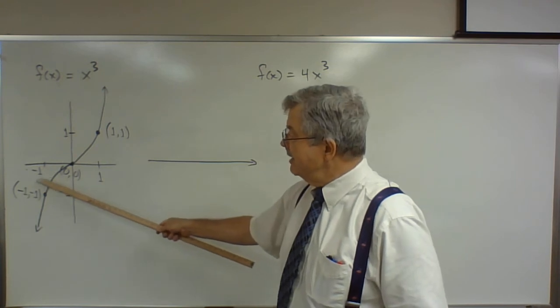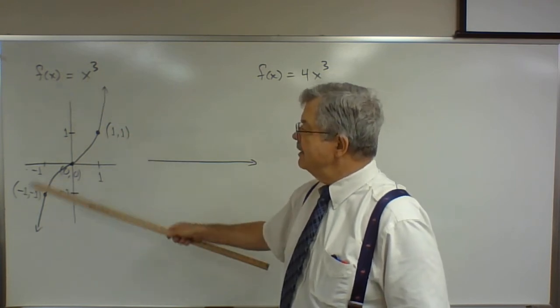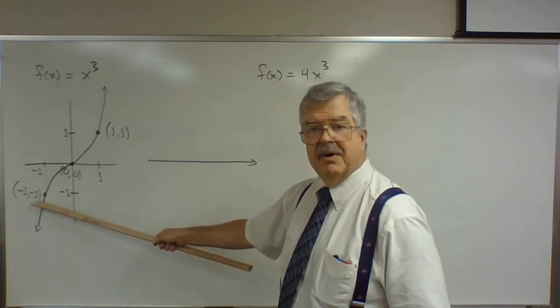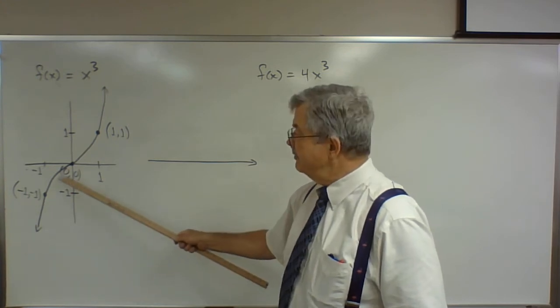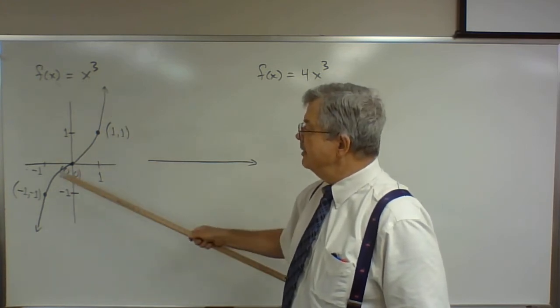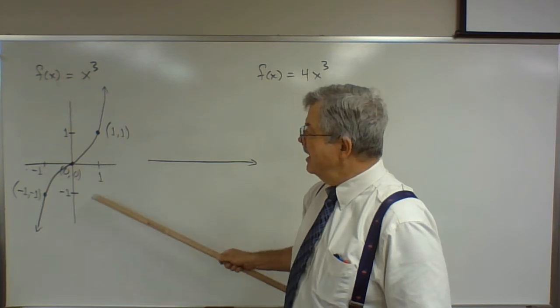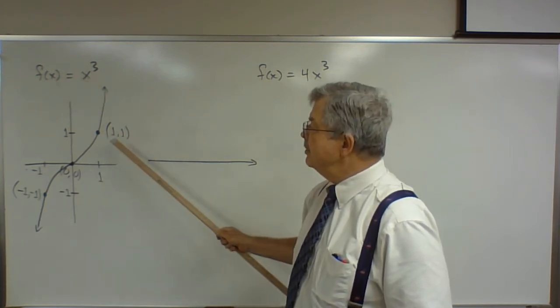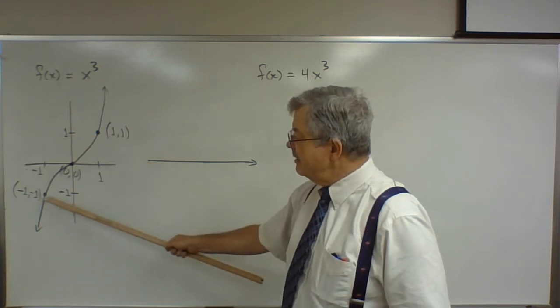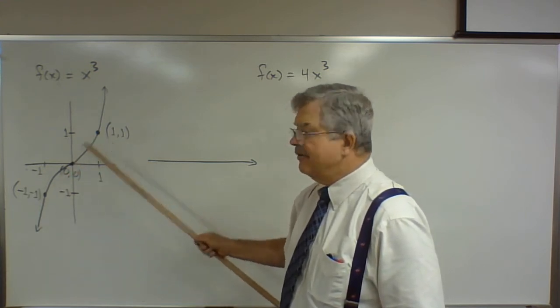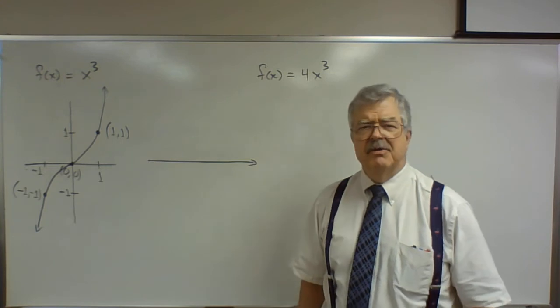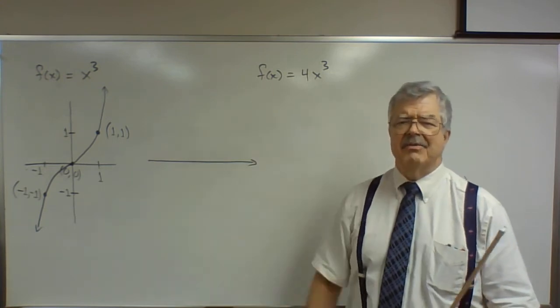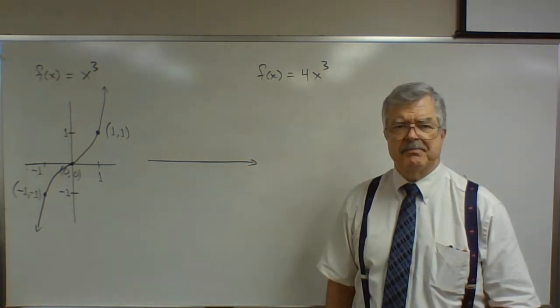When x is -1, -1 cubed is also -1. When x is 0, 0 cubed is 0. And when x is 1, 1 cubed is 1. So that gives us our 3 points on the graph that we can use as a skeleton, and we hang the rest of the graph on that.